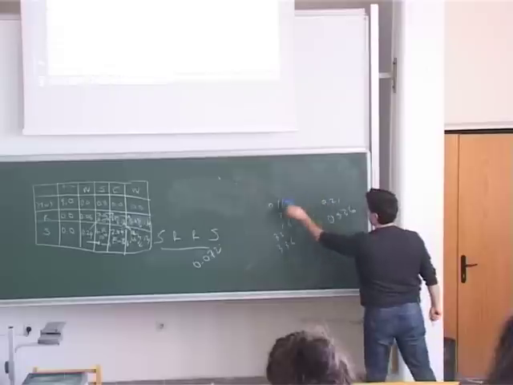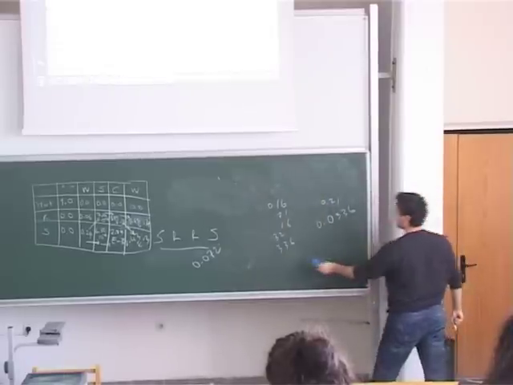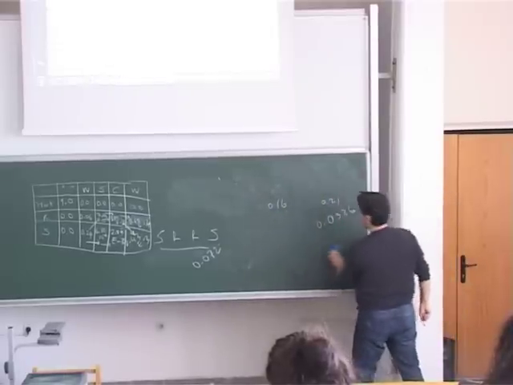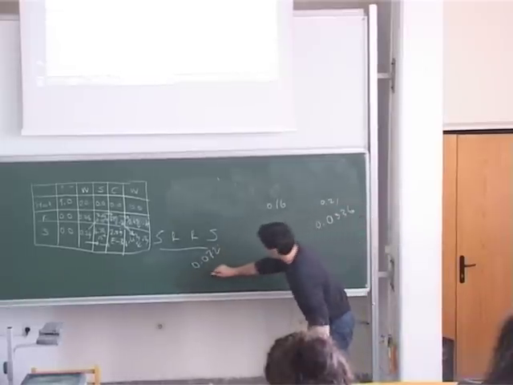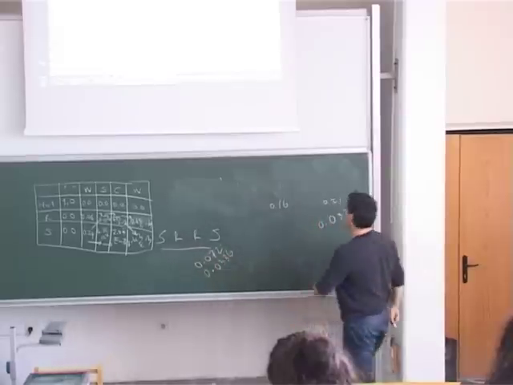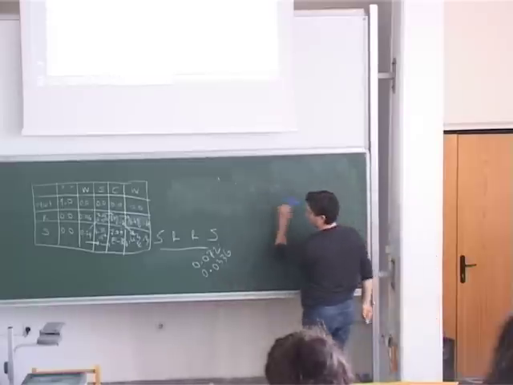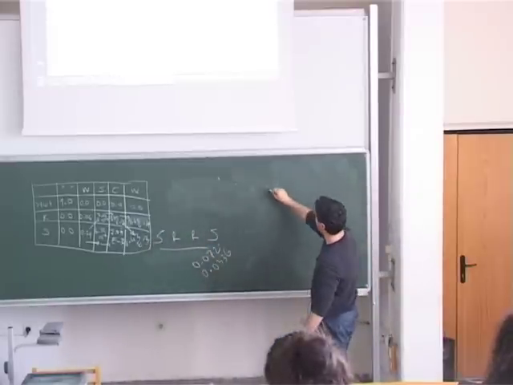If you multiply these together, this is what you are going to get. So if I multiply 0.072 with 0.0336, I should get something close to this number. So let's do that.